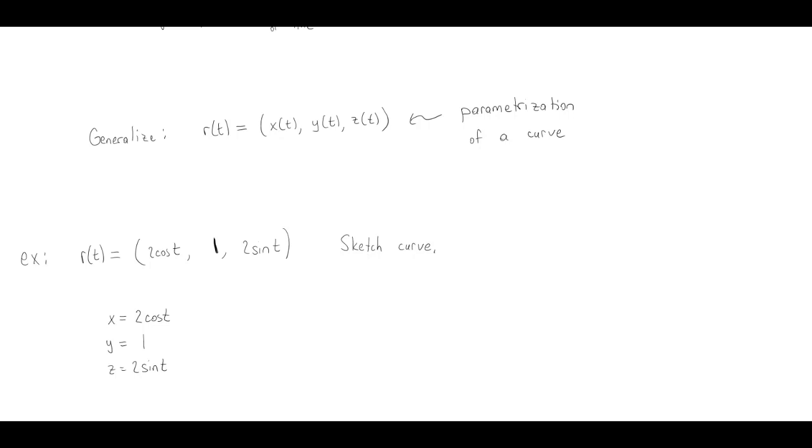Like x is r cosine theta, z is r sine theta this time. Here, what would the value of r be in our equations for x and z? So if r is 2, then that would suggest you have a circle of radius 2.